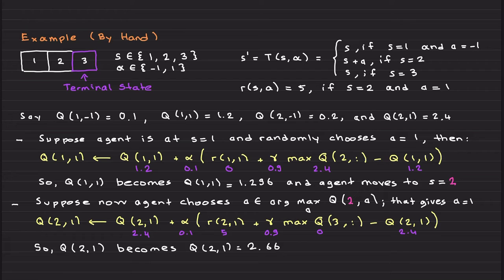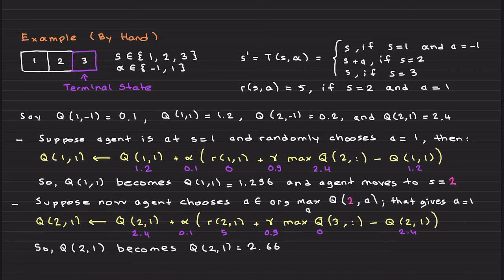So then I am going to do this computation. I am at the second state and I choose optimally to go right. My current number is 2.4. My learning rate is the same. Reward is 5 because I am at 2 deciding to go 1. My gamma is 0.9. The third Q table is basically 0, 0.